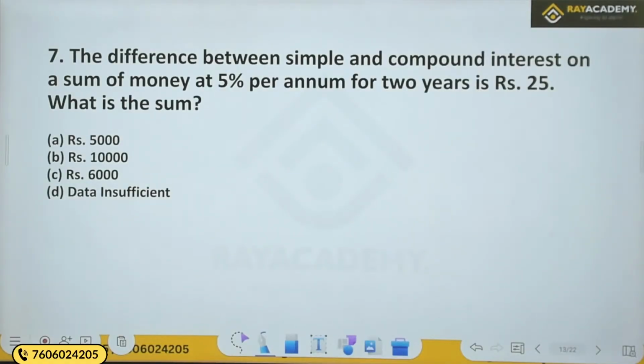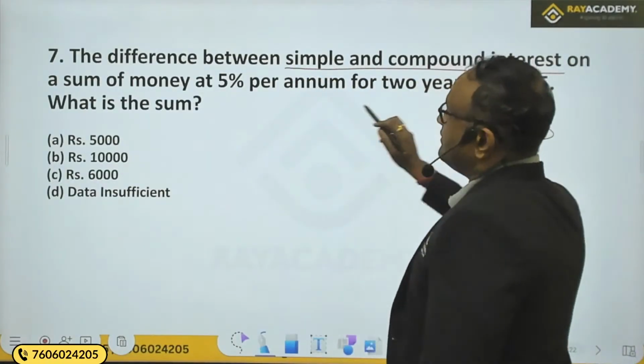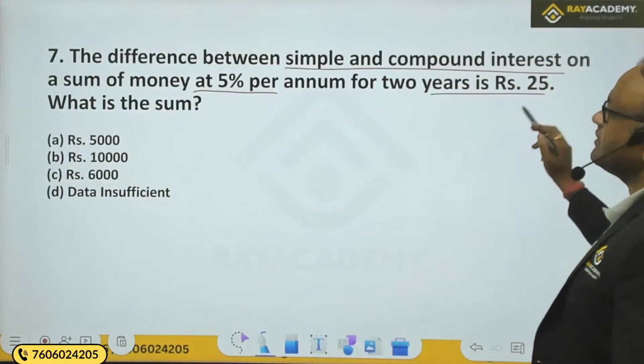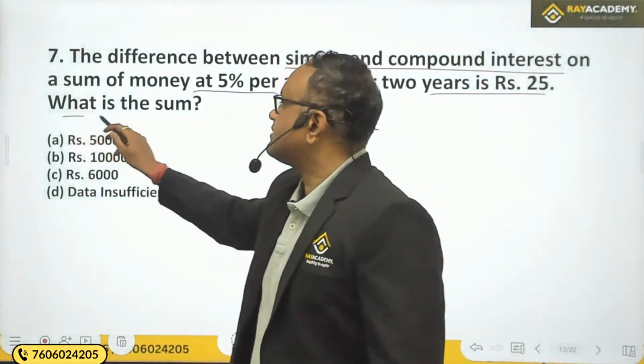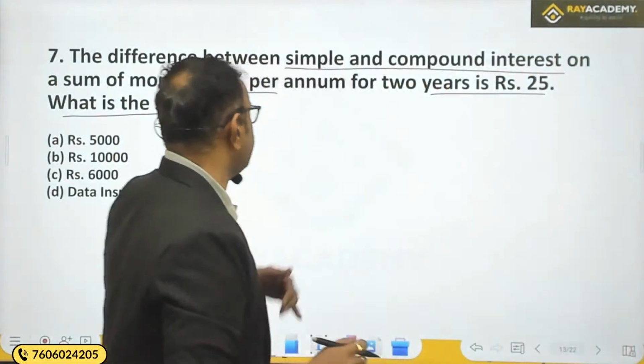The difference between simple and compound interest on a sum of money is 5% per annum for 2 years. So this thing you remember, a formula that in the first we didn't explain.